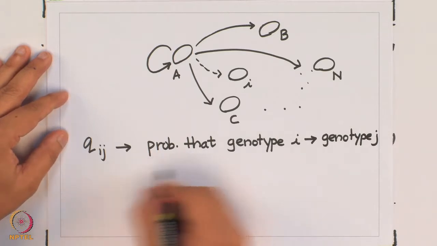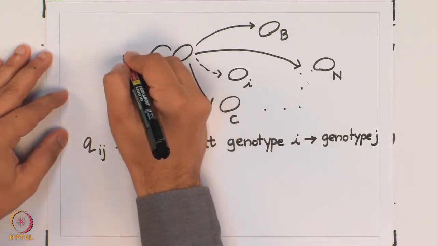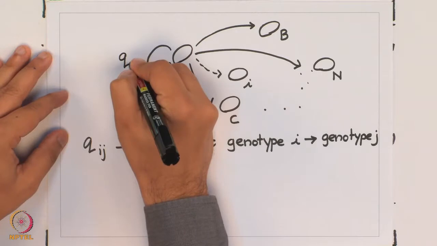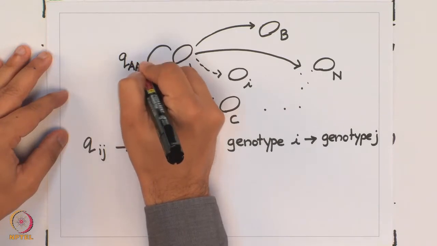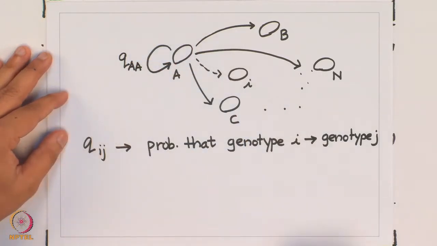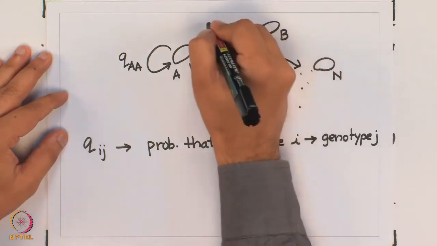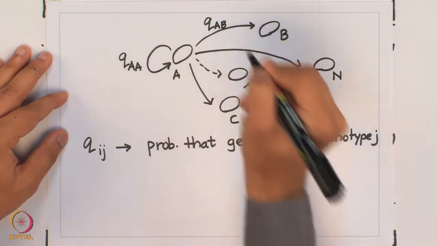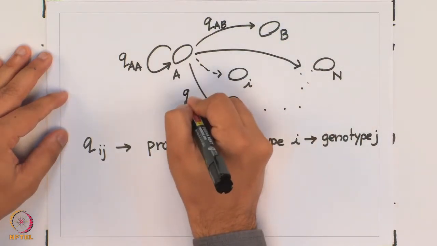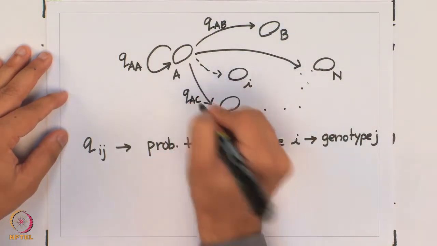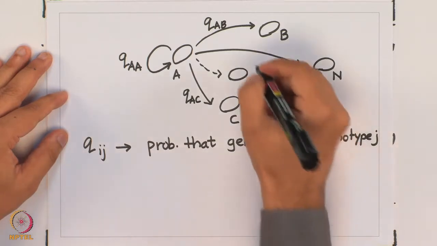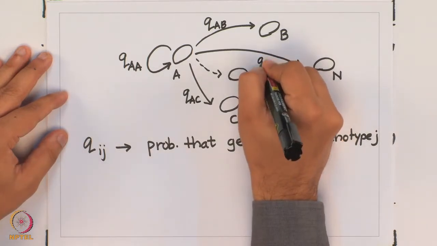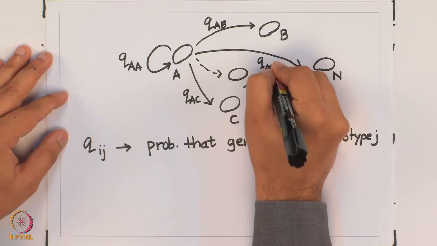So by that definition, this arrow represents the probability that when A divides, I get back genotype A. This arrow tells me that when A divides, I get genotype B. This represents that when A divides, I get genotype C, and so on and so forth, leading all the way up to QAN.